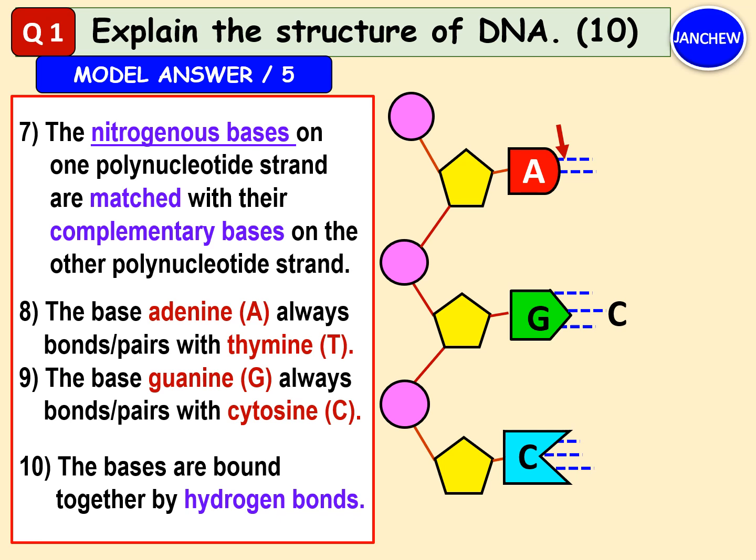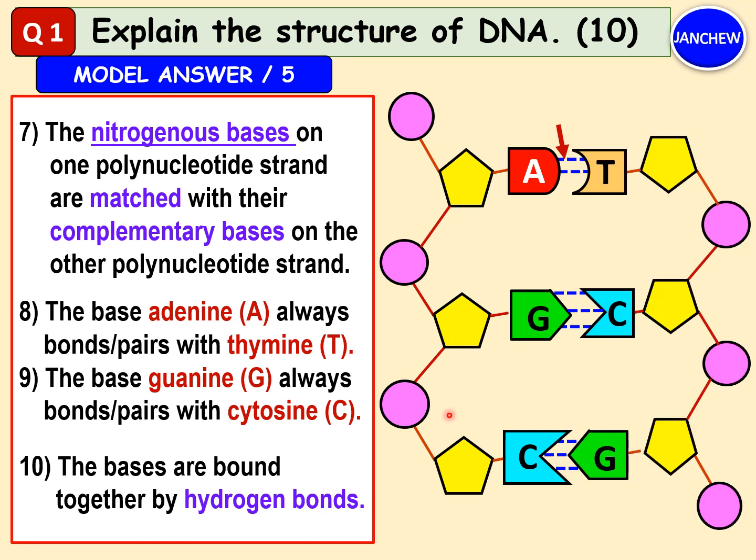Finally, to answer the question, explain the structure of DNA, we can state about the complementary bases. The nitrogenous bases on one polynucleotide strand here are matched to their complementary bases on the other polynucleotide strand.